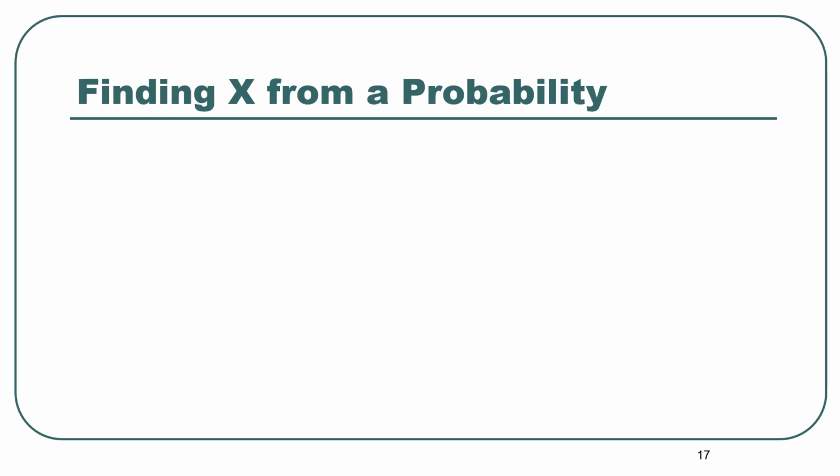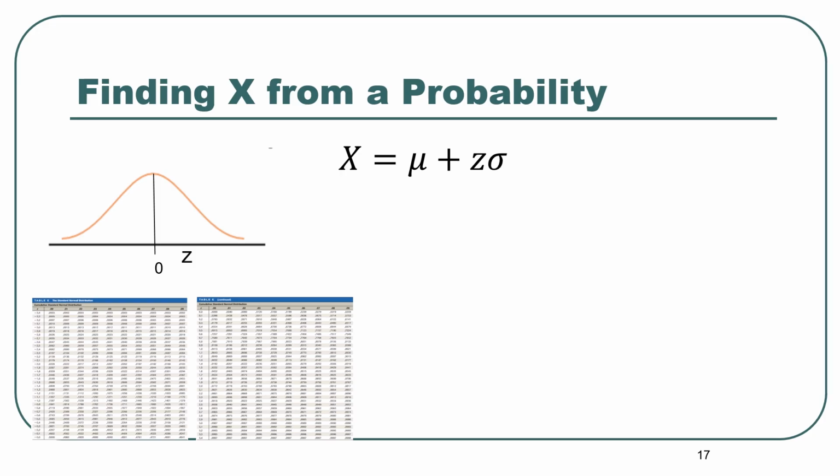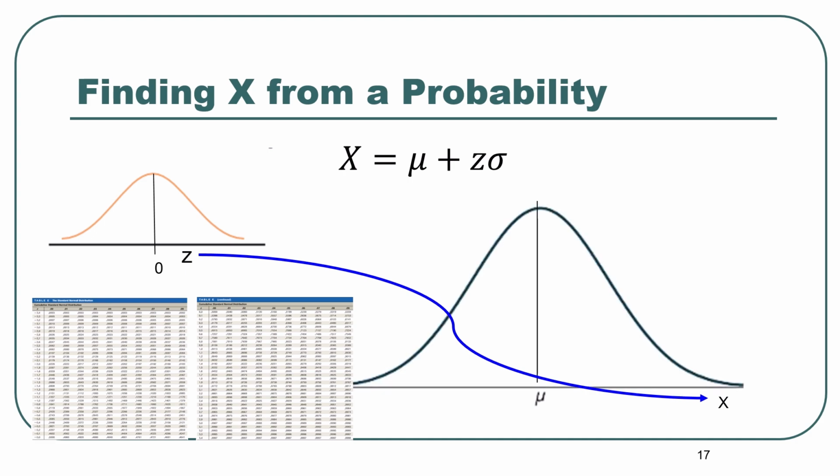Sometimes we want the value x that corresponds to a given probability. In these cases, we will use this formula, where I first need to get the z associated with the given probability from my table, and then using that formula, I will transform it to my x, which follows the normal distribution with the specific given mean and the specific given sigma for that x.